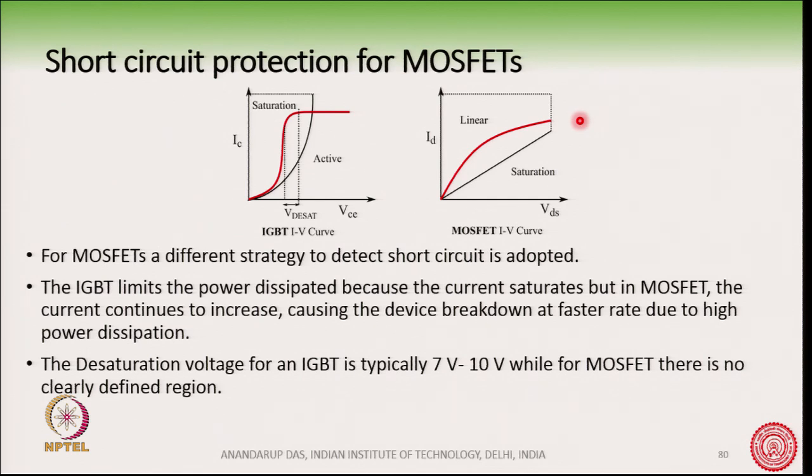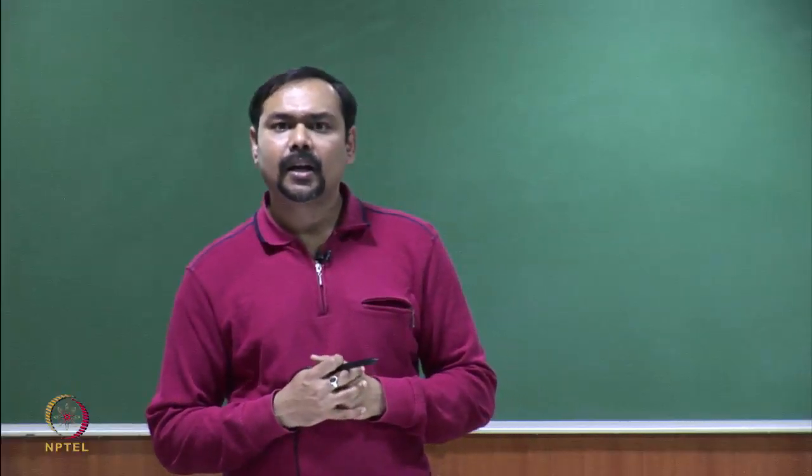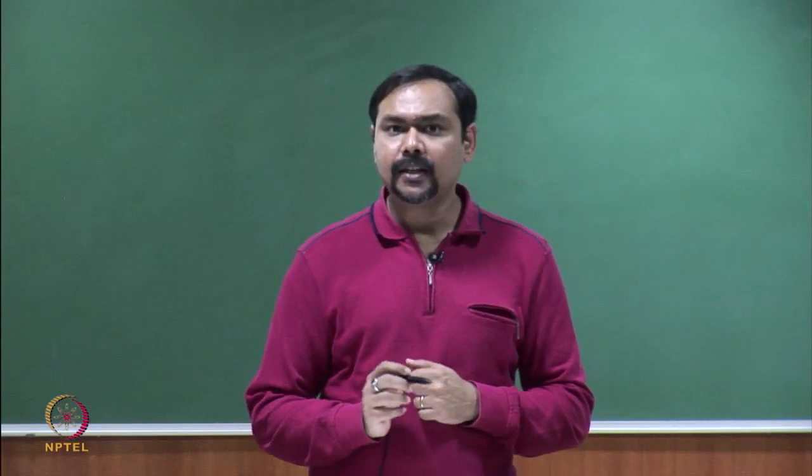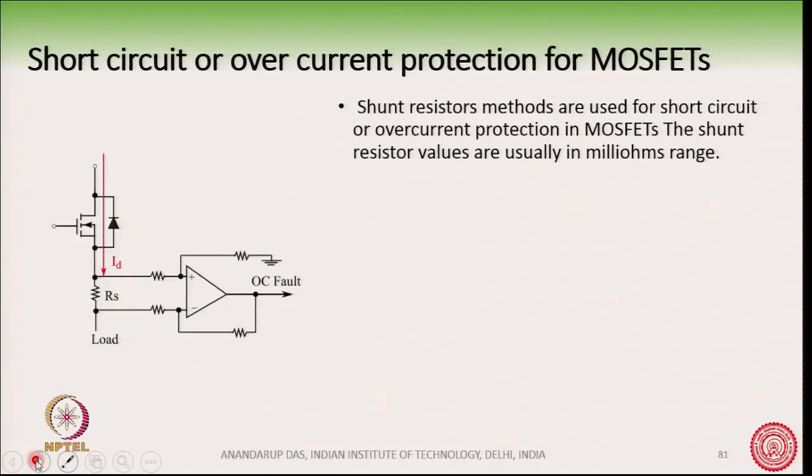So, the desaturation voltage of IGBT is 7 to 10 volt, but in case of a MOSFET there is no clearly defined region where you monitor VDS and get the correct short circuit condition. So, for MOSFET this strategy of monitoring the VDS voltage does not work.